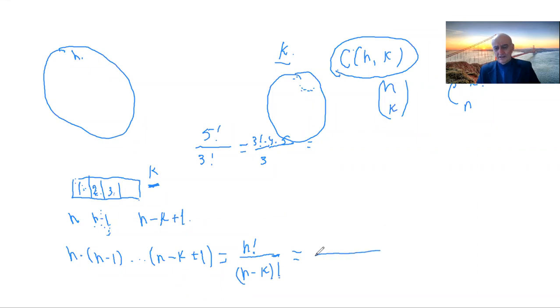Okay, let's write it in details. This is here n minus k factorial, and n factorial I can represent as n minus k factorial times next integer. And what is next integer for n minus k? Next integer for n minus k, it's n minus k plus 1.